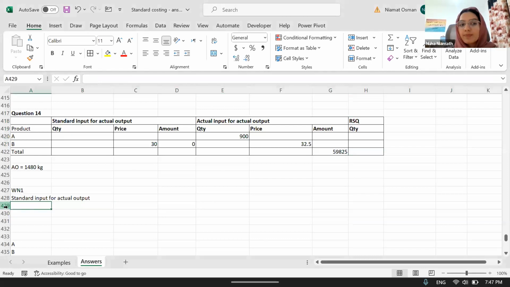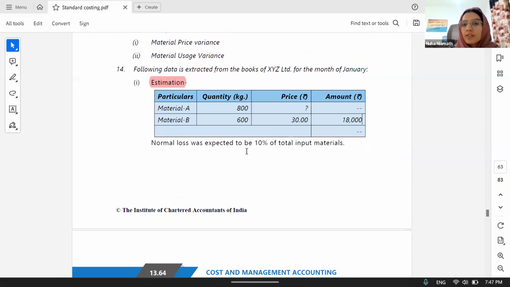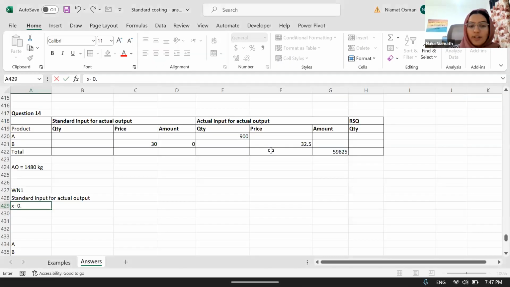Do you remember? X will be our input minus, how much is the loss? 10%. So X minus 0.1X will be equal to 1480, isn't it? So X will be equal to 1480 divided by 0.9.